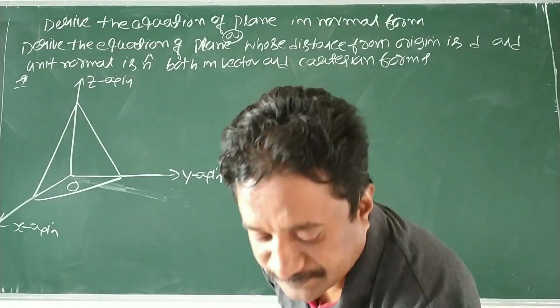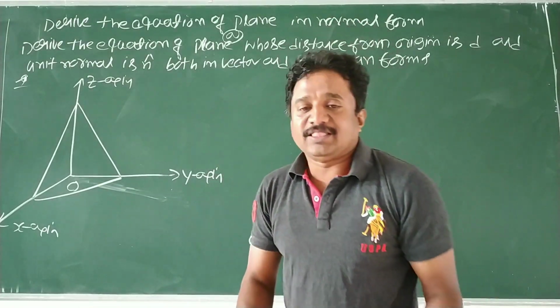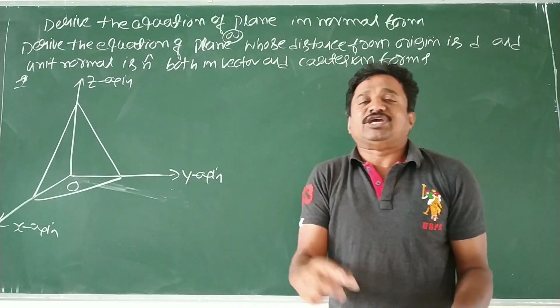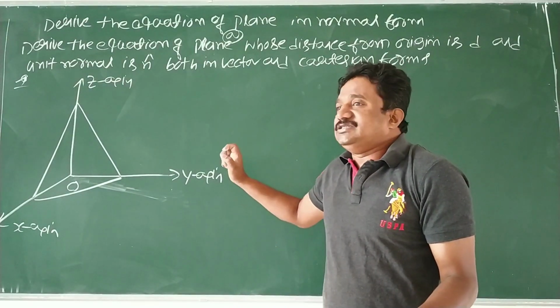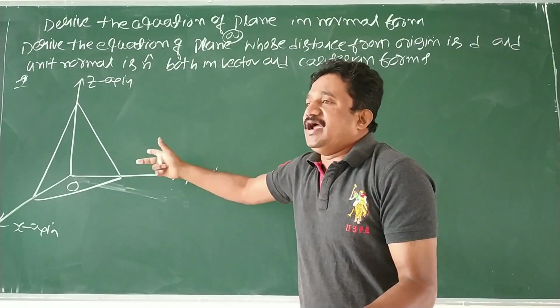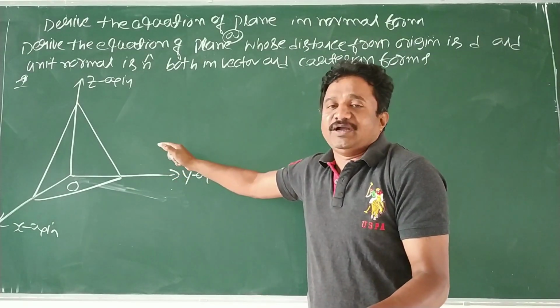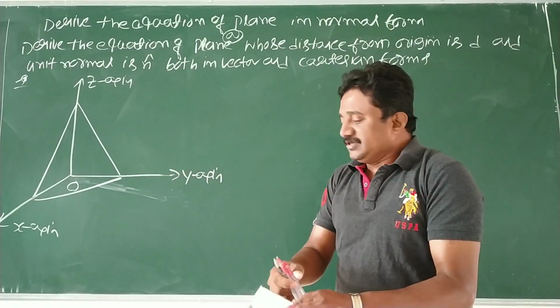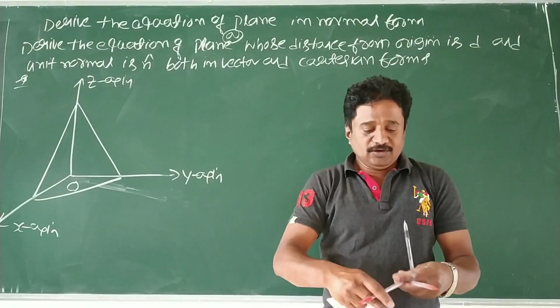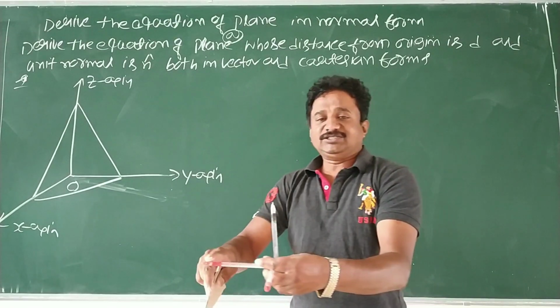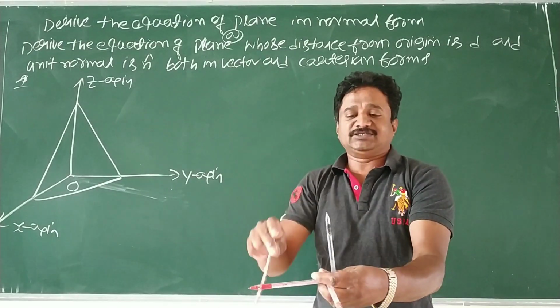Look at that. This is 3D. 3D figures cannot be drawn on a two-dimensional board. Whatever we write, that understanding is important. Look at this, students. In this way we have drawn that. X-axis, Y-axis, Z-axis.